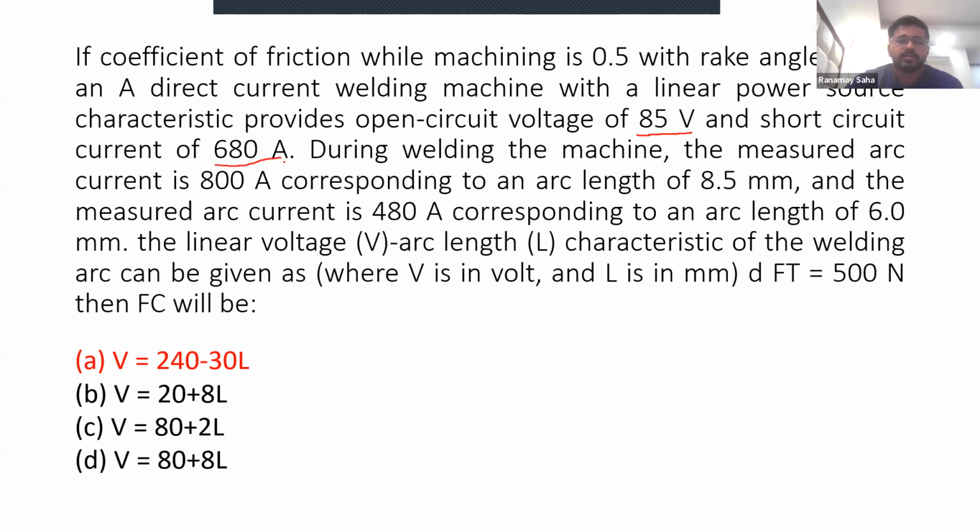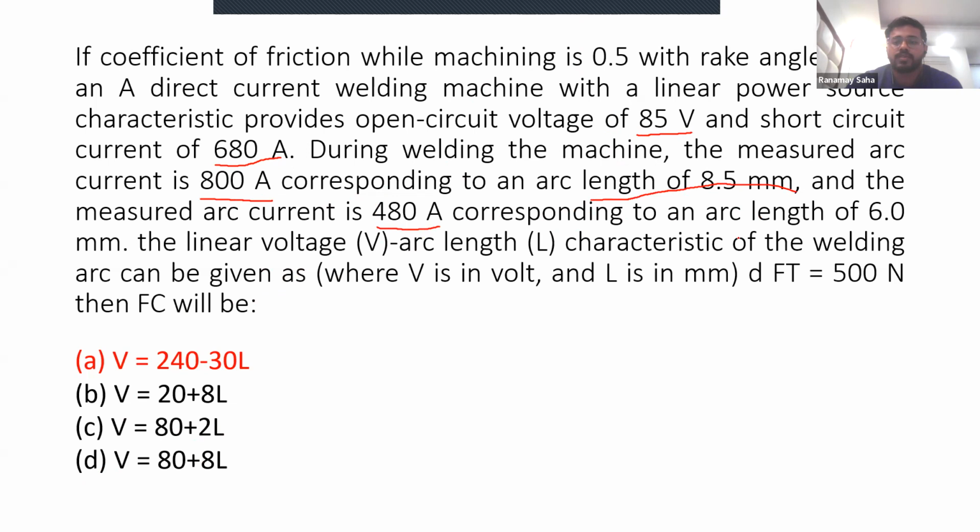At a time when the measured current is 800 amperes corresponding to an arc length of 8.5 mm, and measured arc current then happens to be 480 amperes. This is the condition.